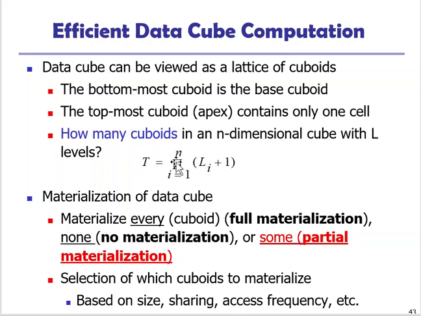This is a product of the number of levels of each dimension plus 1, because each of the levels could occur, and this dimension could also not occur within a cuboid. So this is how we compute the total number of cuboids. As you can tell, this involves the product of many numbers greater than 1, so this T can be a very big number.